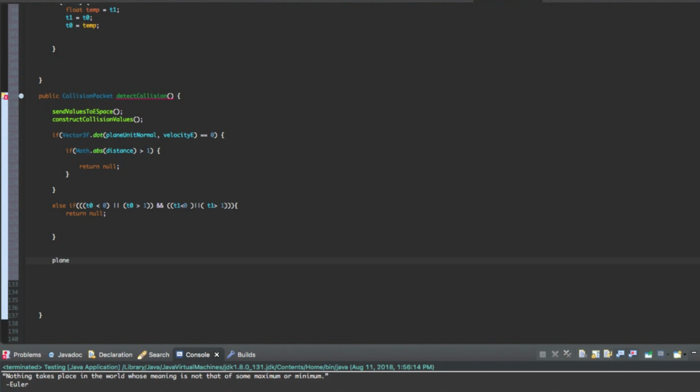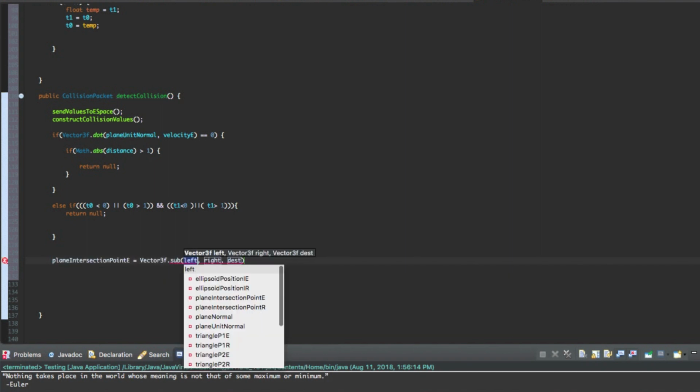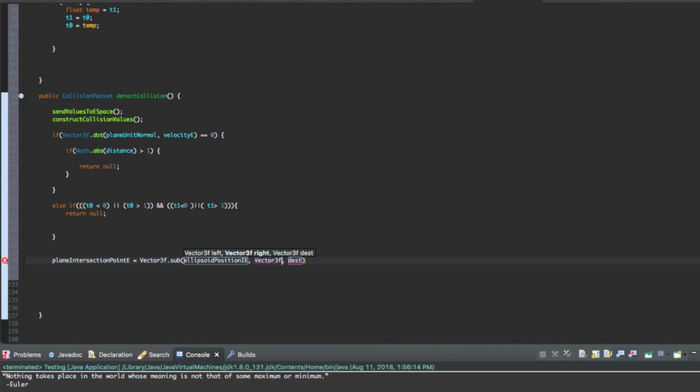So now implementing it in the code, we can write planeIntersectionPointE is equal to a Vector3f subtraction between the ellipsoid position initial in E space minus the plane unit normal.